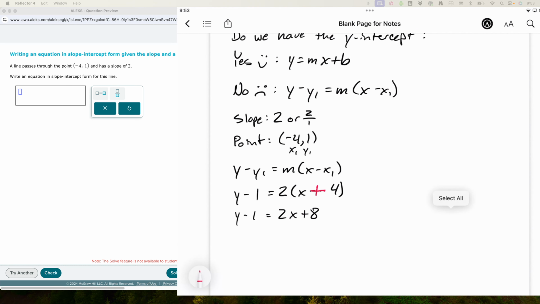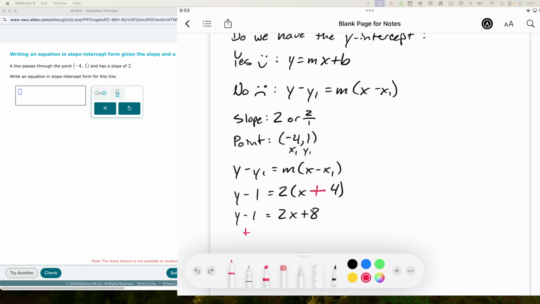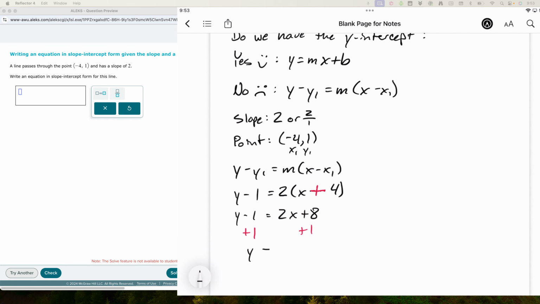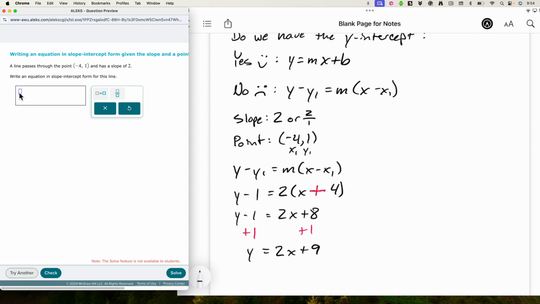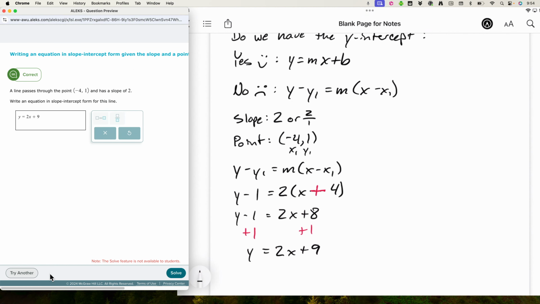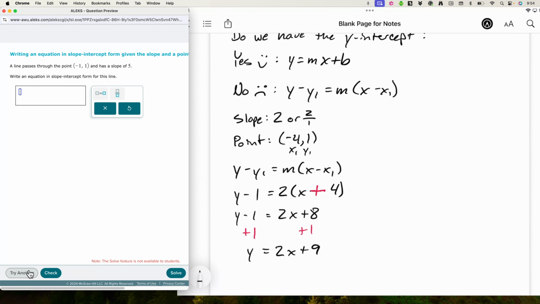We'll add 1 to both sides. We get y equals 2x plus 9. So this will be a good equation for us to put in here. We've got y equals 2x plus 9. We'll try a couple others.